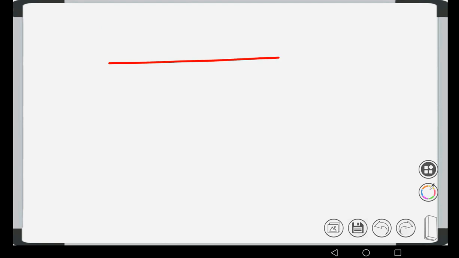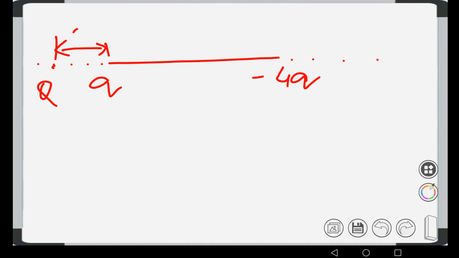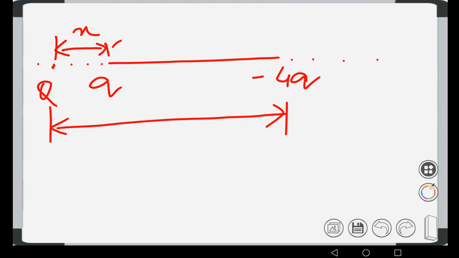Again redrawing Q and minus 4Q, and then keeping the charge capital Q in region 1 at distance x, and assuming the separation between the two given charges as A, we can write this as A plus x.